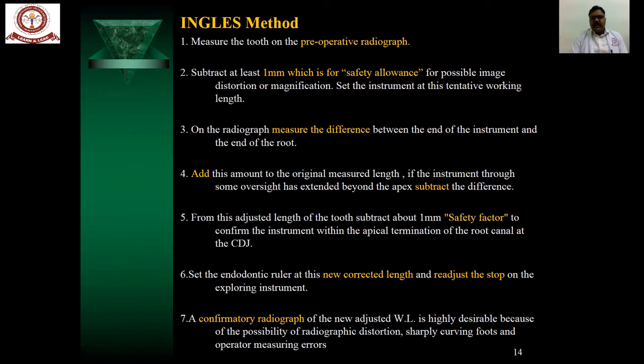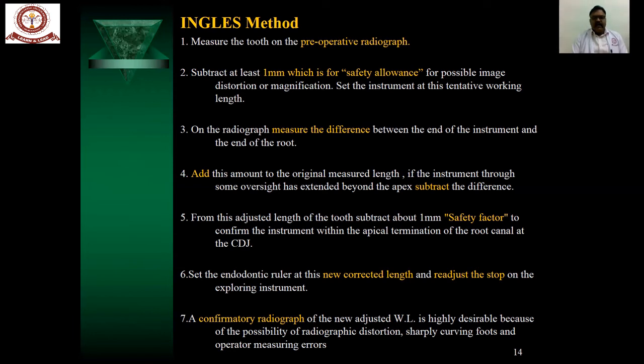We all discussed the location of your CDJ and minor diameter. So in order to achieve the safety factor, you subtract about 1 mm from the length to achieve a location within the apical termination of the root canal.